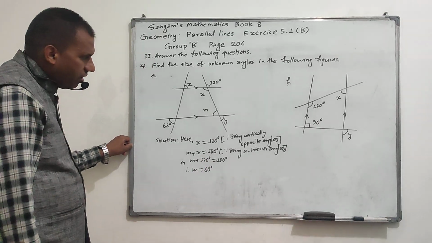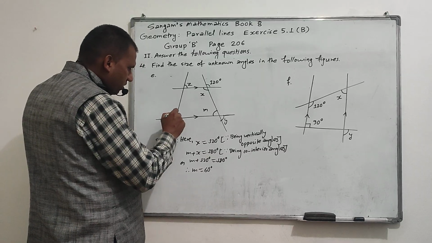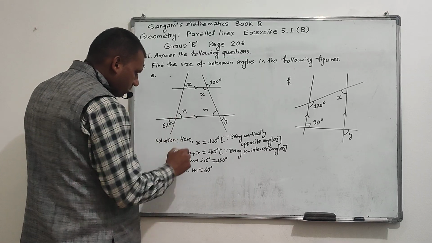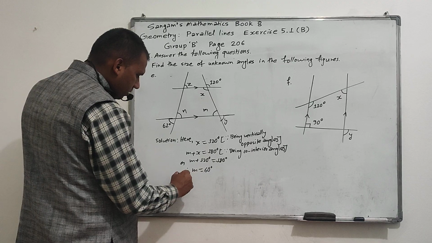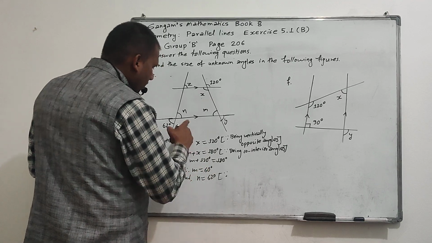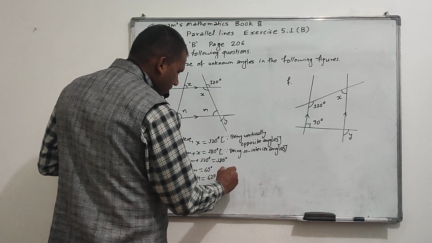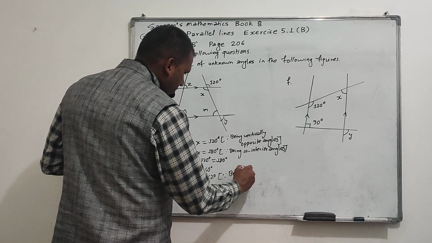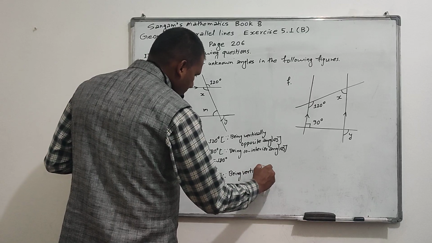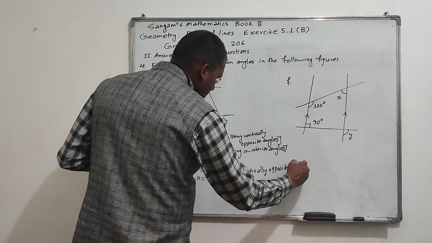Now, after finding this, this angle N is opposite to angle M. We can write N equal to 60 degree, being vertically opposite angles.